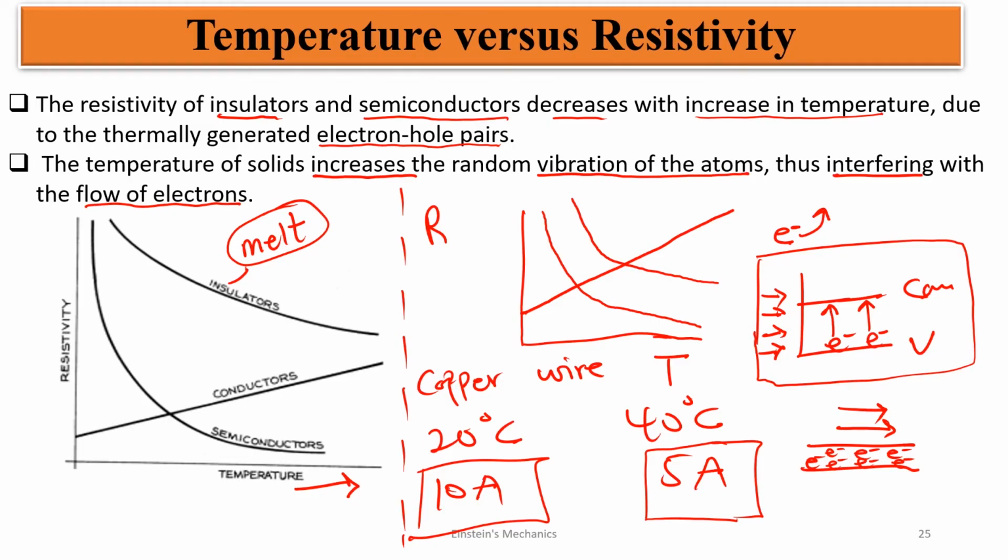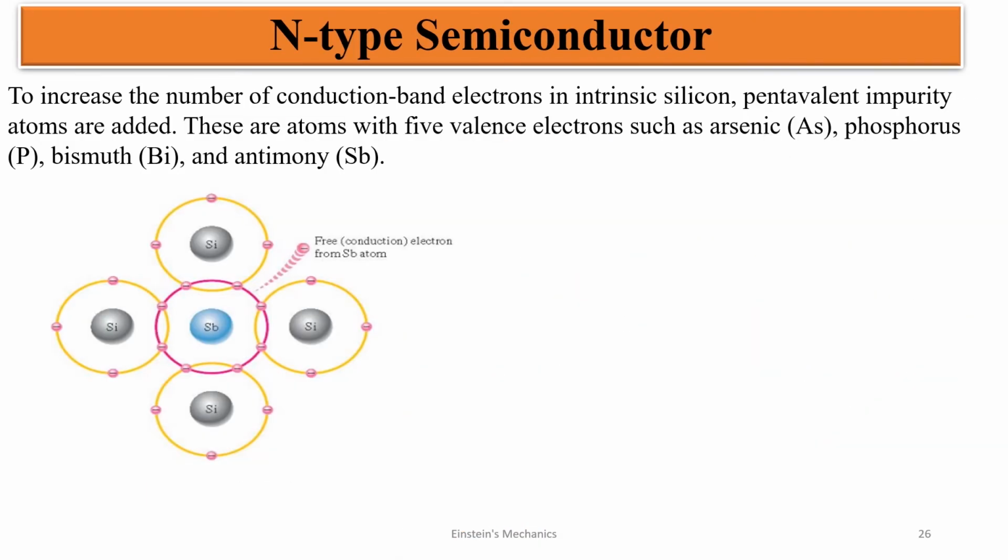So you should be mindful in increasing temperature for insulators, semiconductors, and conductors. Once you have the idea of how temperature affects their resistivity, you'll be able to do it in a controlled manner. Are we good? Now let's look at the N-type semiconductor and how to go by them.